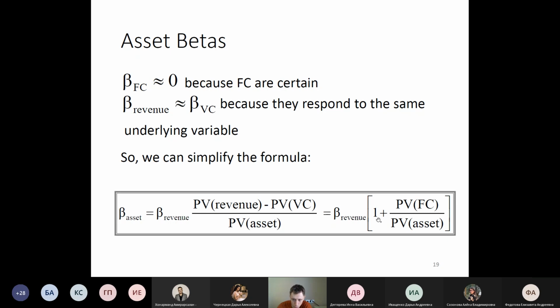So here it's important that we can illustrate the good point that the higher the fraction of the fixed cost a firm has, the more risky its activities are, because the fixed cost, regardless of the performance of the firm, would have to be paid the same.